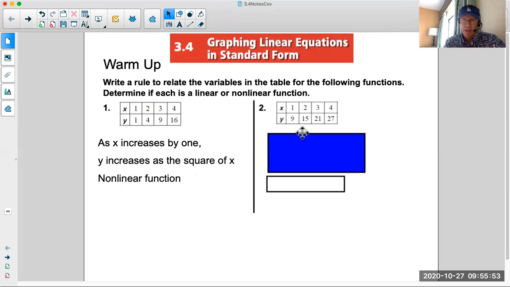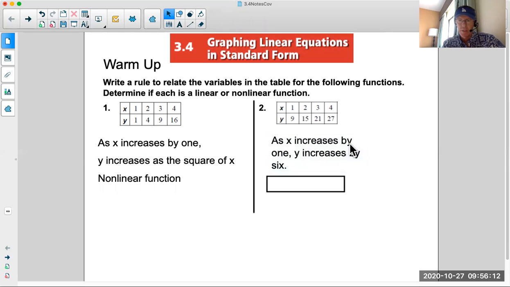Okay, so we're back with it. What do you think? What did you notice here? Did you notice that this goes 1, 1, 1, and this goes 6, 6, 6? So what is that saying? That's saying it's plus 6, plus 6, plus 6. So that's saying as x increases by 1, y increases by 6.